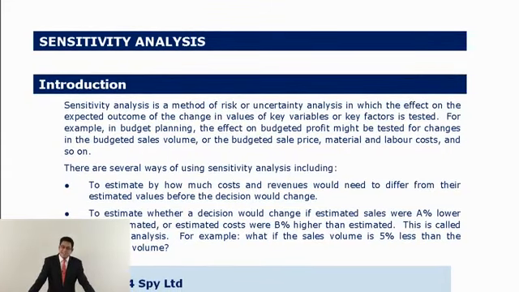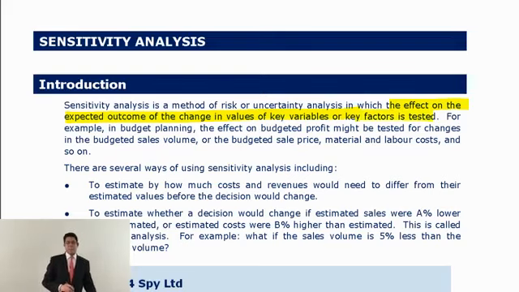Now let's have a look at the last area of uncertainty, which is another model or tool we apply to evaluate decisions, called sensitivity analysis. Sensitivity analysis is a method of risk or uncertainty in which the effect on the expected outcomes of the change in values of key variables or key factors is tested.